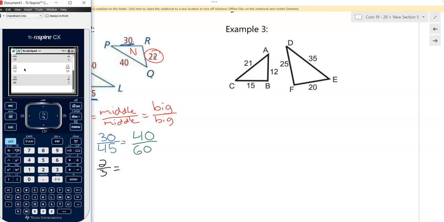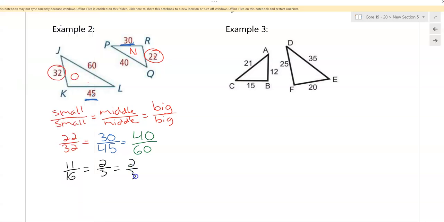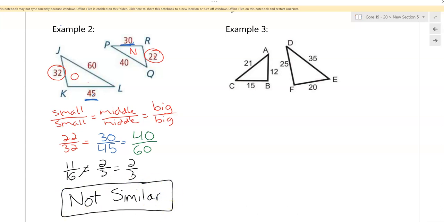And then 40 over 60 is 2/3. 11/16 is not equal to 2/3. So not all of these are equal. So I cannot say they're similar. These are not similar. Okay.